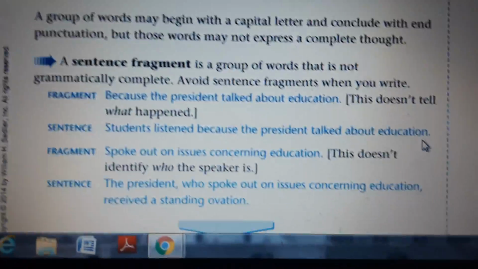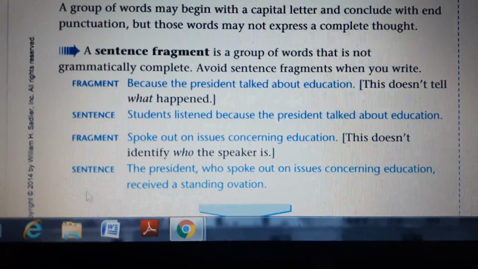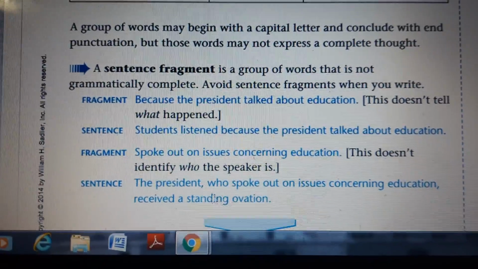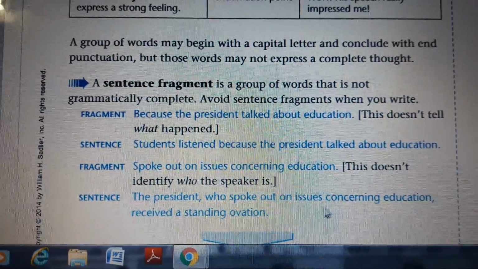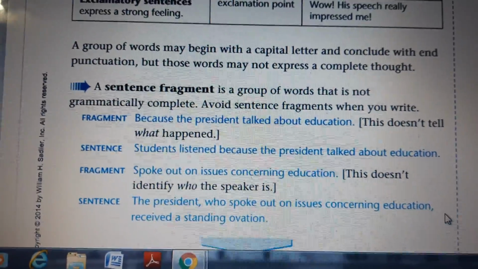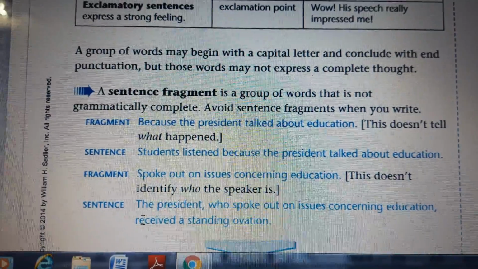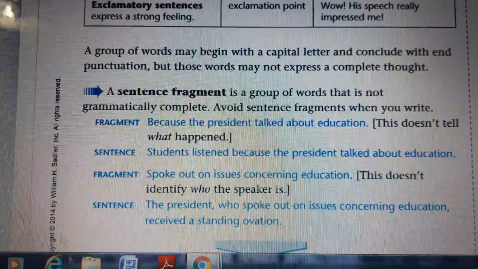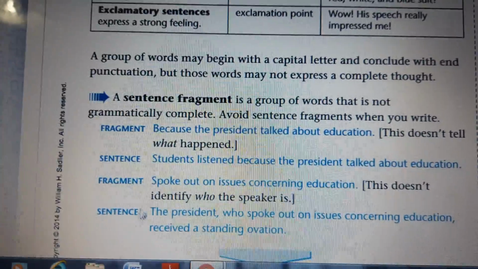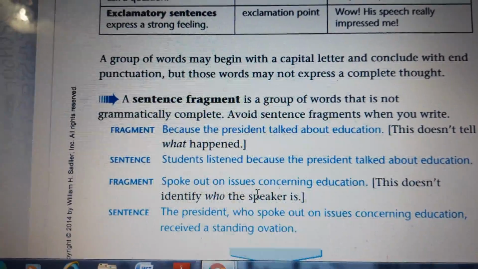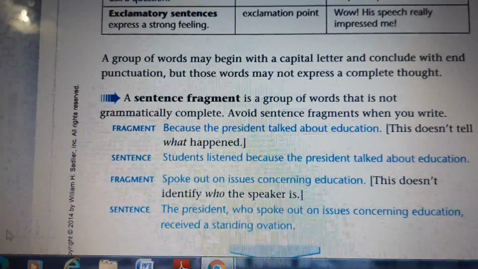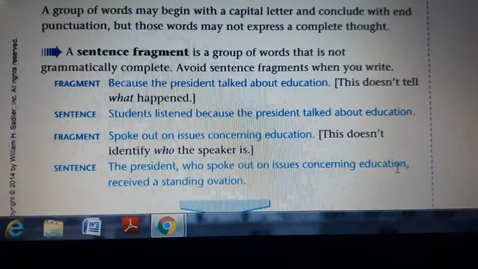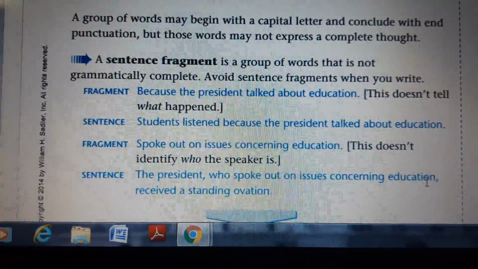Here is the correct sentence: "The president, do not forget the comma, who spoke out on issues concerning education, received a standing ovation." Now we have a complete sentence. Again, the first one, "spoke out on issues concerning education," we don't know anything about. So what? Is it a problem, an education problem, or what?